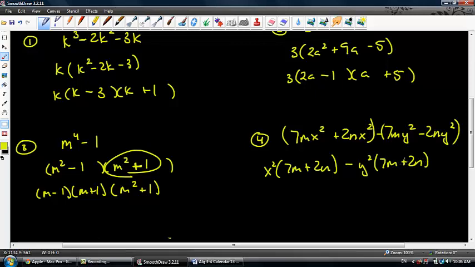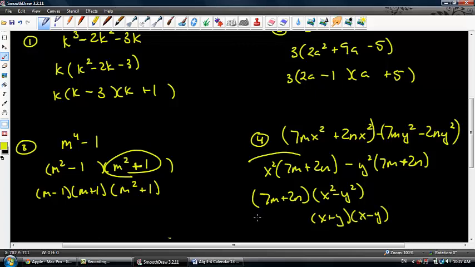Oops, I'm sorry, it should be plus inside, because when I redistribute the negative, it'll become minus. My bad. Well, I'm going to factor out the 7m plus 2n, and what I get is 7m plus 2n times x squared minus y squared. And now I can refactor the right term into x plus y times x minus y, and then 7m plus 2n. All right?